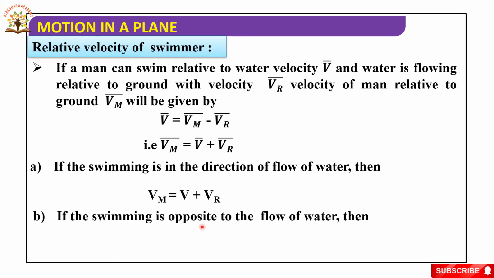If the swimming is opposite to the flow of water, then vm equals v minus vr. Swimming in the direction of flow of water is plus, opposite direction of flow of water is minus. Okay, next.